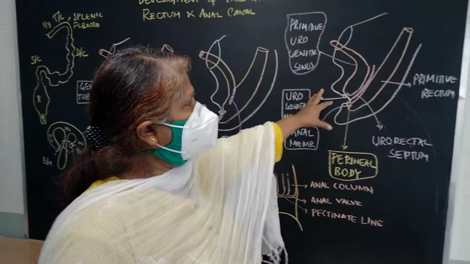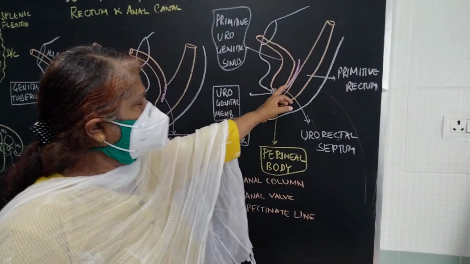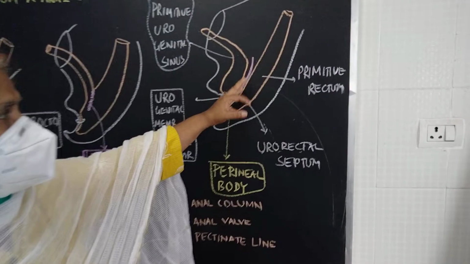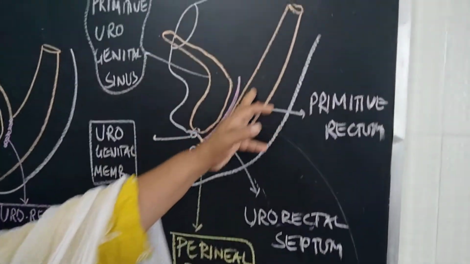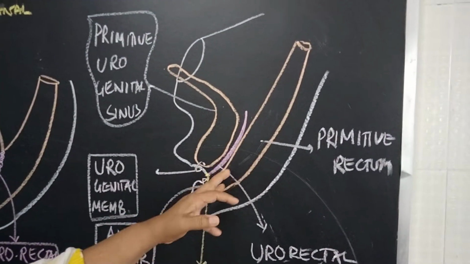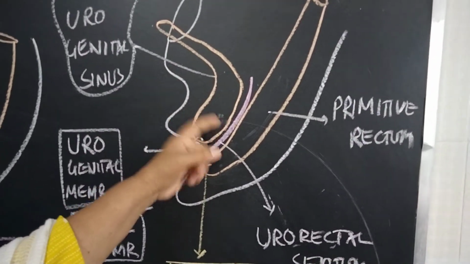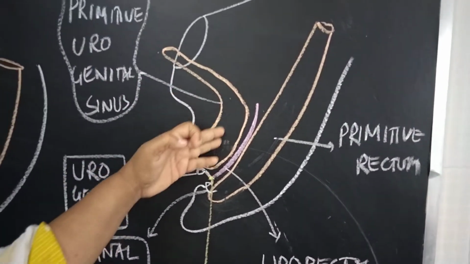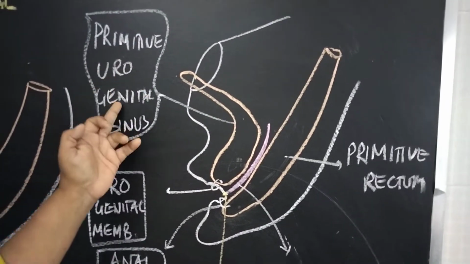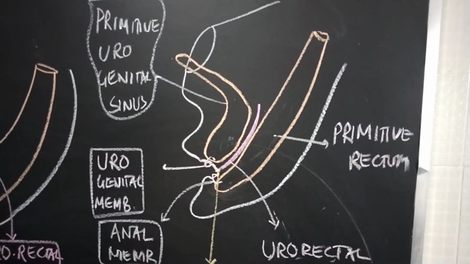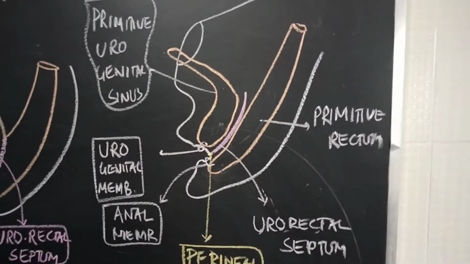Now coming to the next picture, this is the complete separation of the cloacal portion. This is the primitive rectum and anal canal, and this anterior part of the cloaca, which goes along with the allantois, is forming the primitive urogenital sinus that will go on to develop the urogenital system.